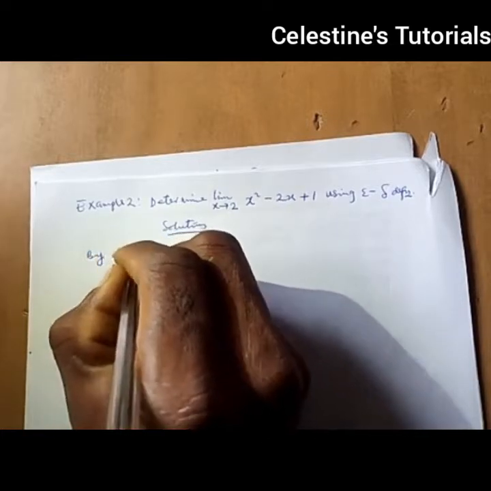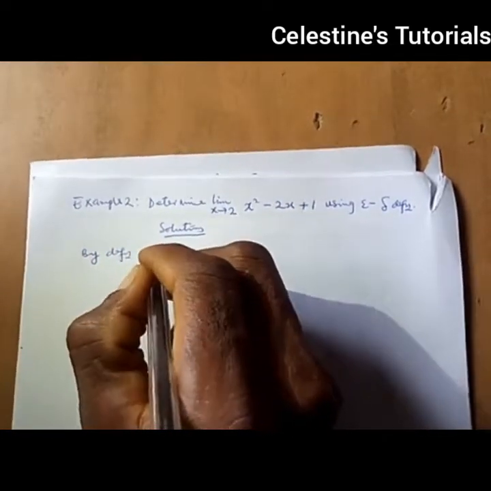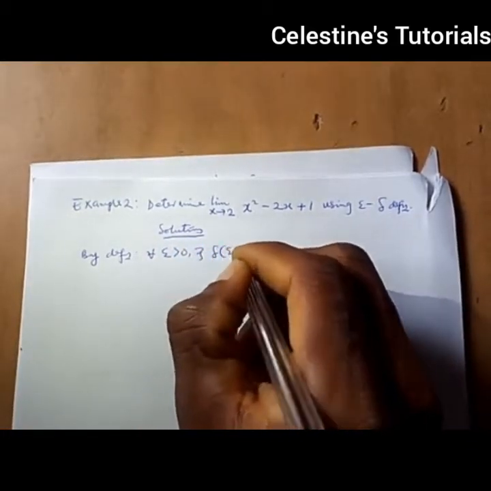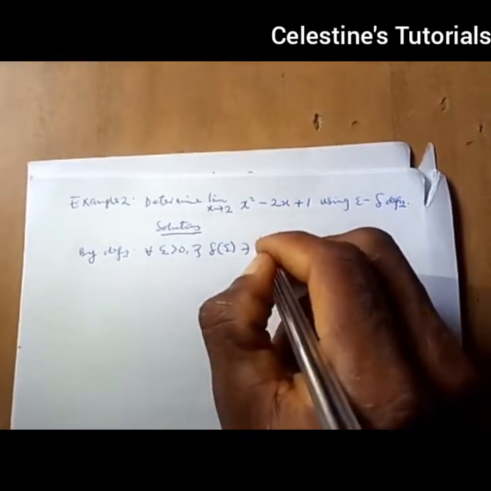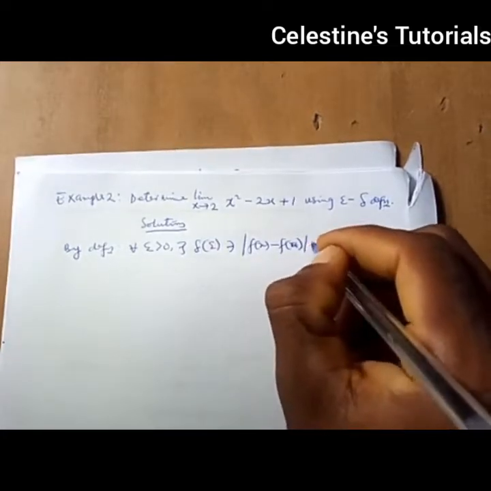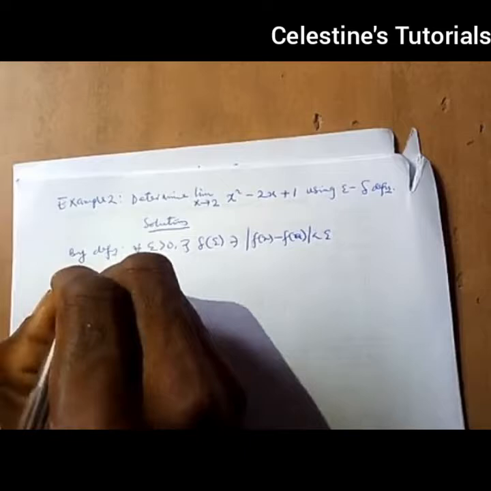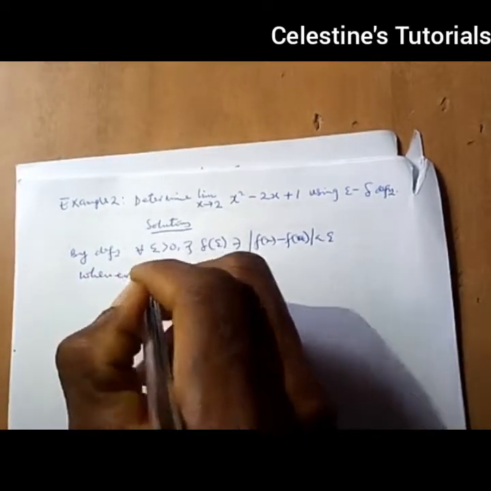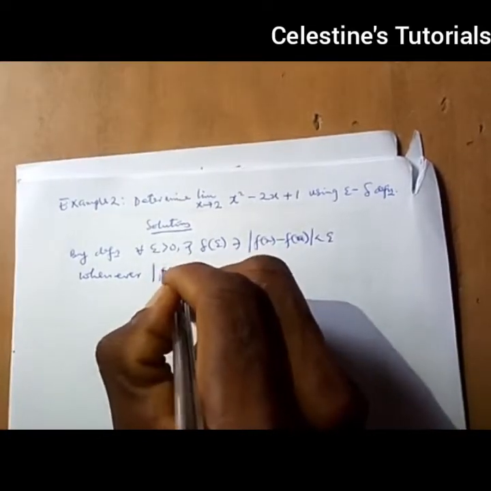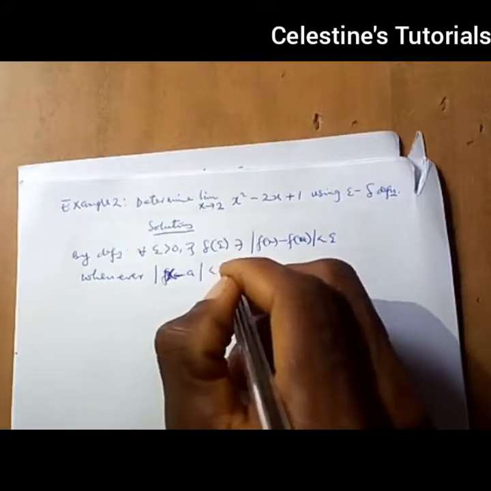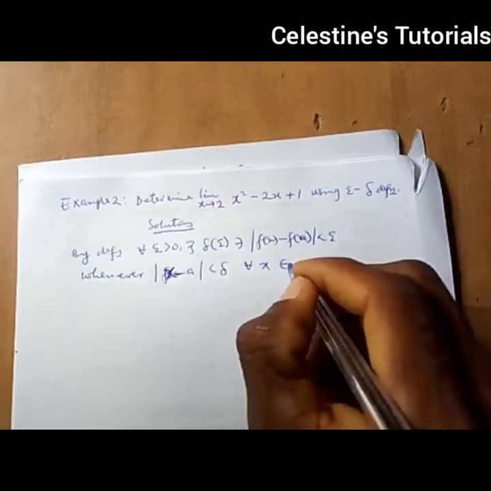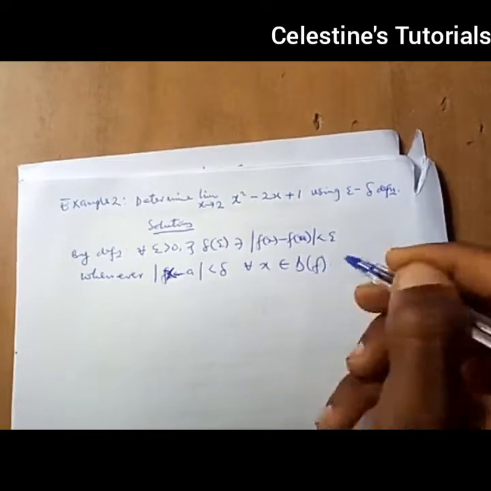By definition, for every epsilon greater than 0, there exists delta depending on the epsilon such that |f(x) - f(a)| is less than epsilon whenever |x - a| is less than delta, for all x in the domain of f.